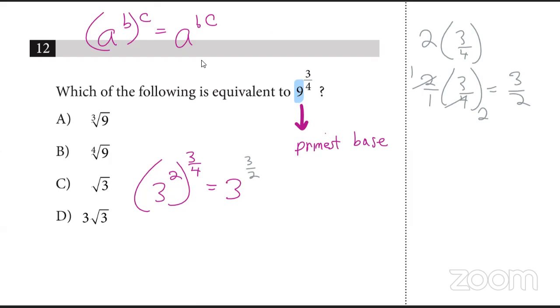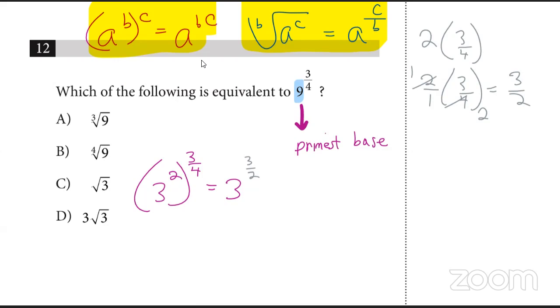But how do we relate that to the answer choices? So we went through one exponent rule so far. Another very important rule is that if I have the b root of a to the c, I still have my a to the c format, but that b sneaks around on the bottom. The index of the radical becomes the denominator when you have it in a fractional exponent form.